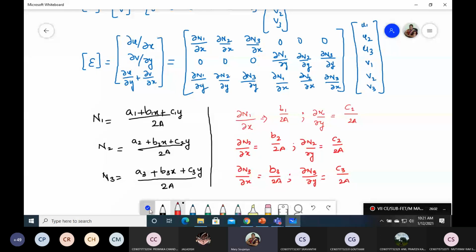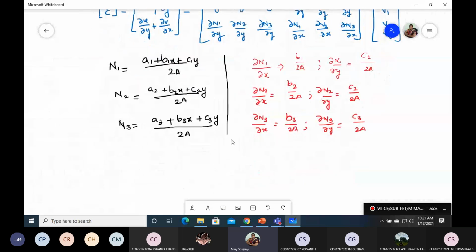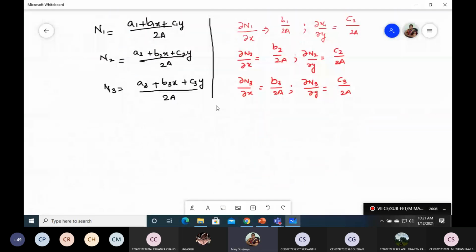Did you all also get the same values? Please cross check. Please tell me a yes once you have got all the 6 terms. Yes, ma'am. Oh, good.